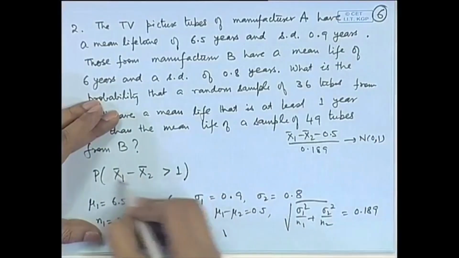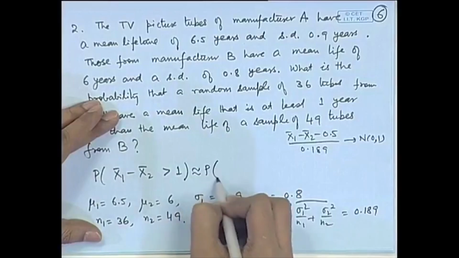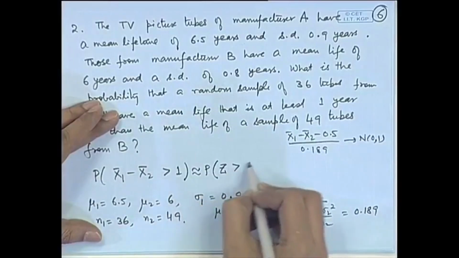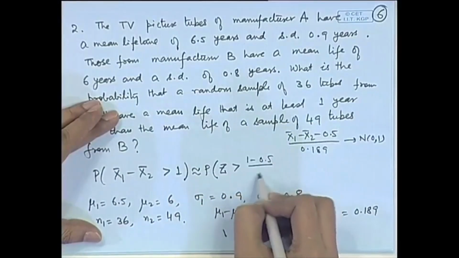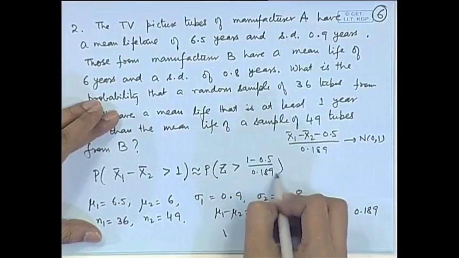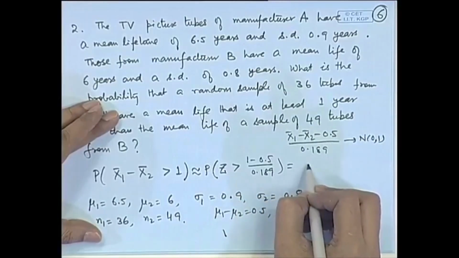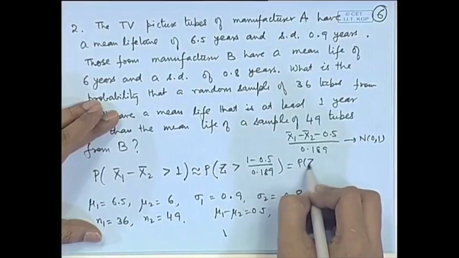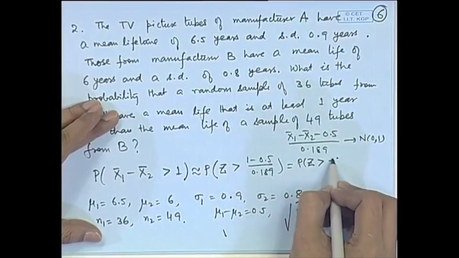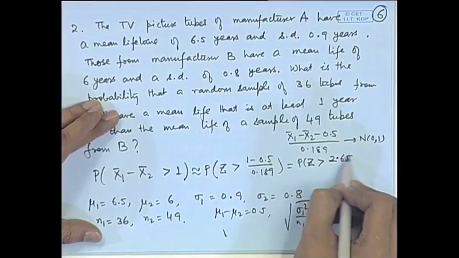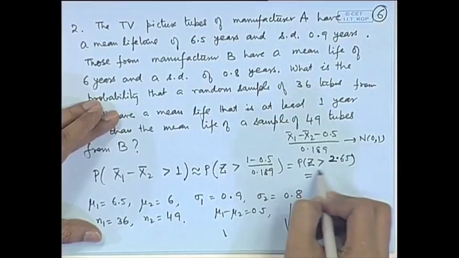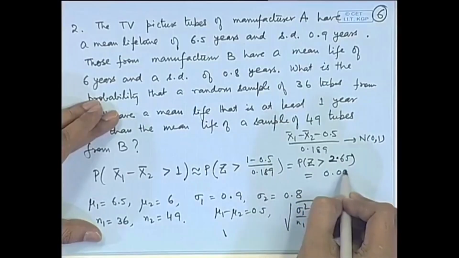So, we can approximate this probability by probability Z greater than 1 minus 0.5 divided by 0.189, that is equal to probability Z greater than 2.65. From the tables of the normal distribution, this probability is only 0.004.